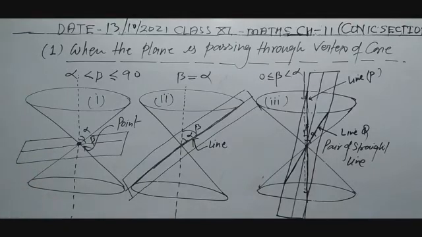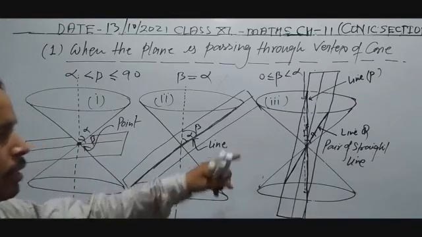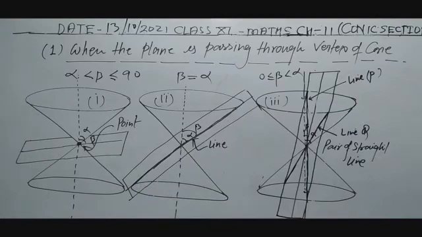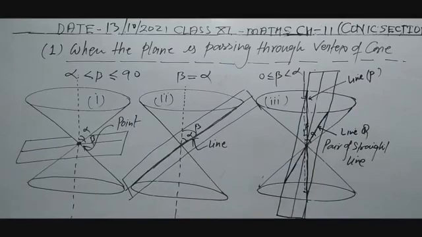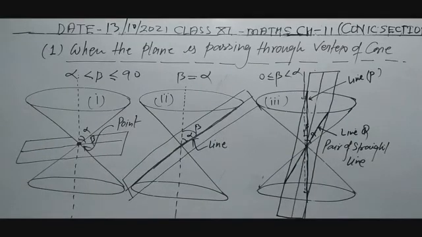So what will be the result? You will get a point, a line, and a pair of straight lines. These are the three cases when the plane is passing through the vertex of the cone.